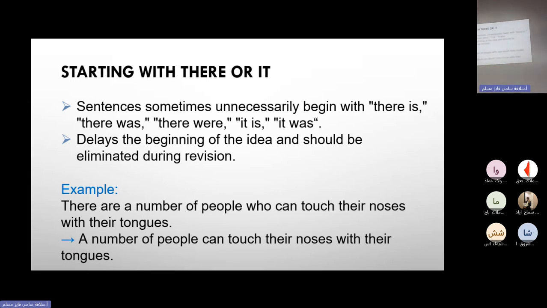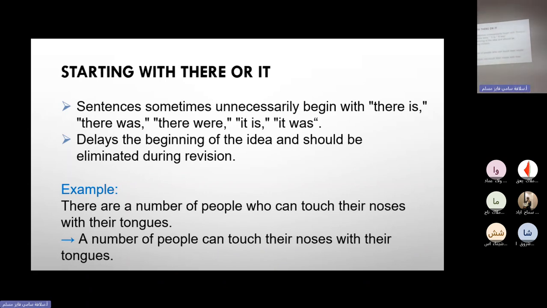Okay? Examples. Go ahead, Malak Yaqoub, read the example. There are a number of people who can touch their noses with their tongues. A number of people can touch their noses with their tongues. Okay. Who does "there are" refer to? It refers to number of people. As long as the subject is present, why did we put "there are"?